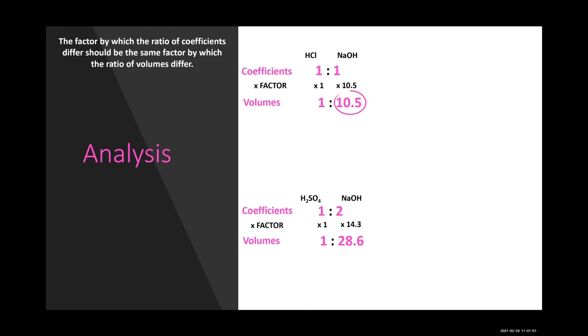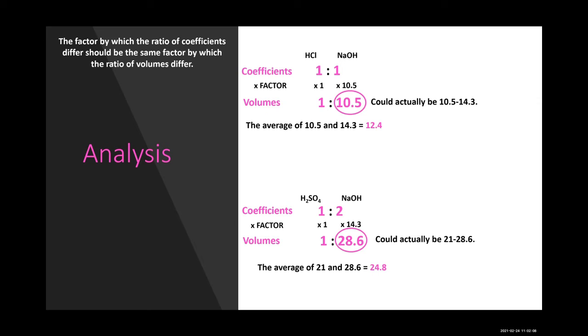So this means that this 10.5 could actually be 10.5 to 14.3, and this 28.6 could actually be 21 to 28.6. The average of 10.5 and 14.3 is 12.4, and the average of 21 and 28.6 is 24.8.